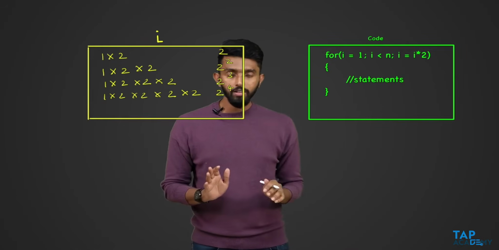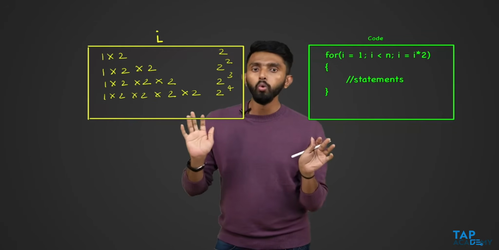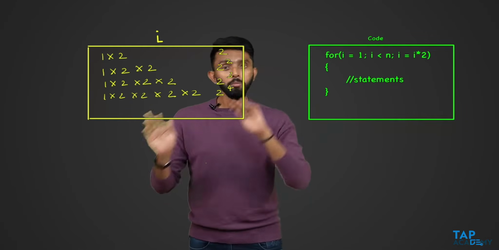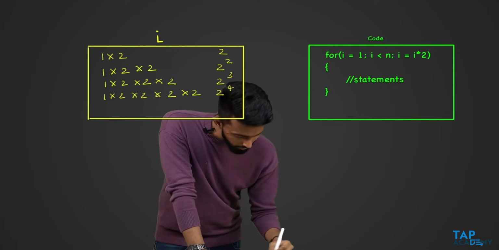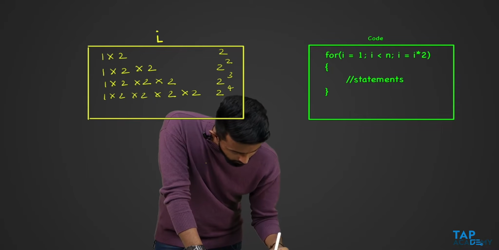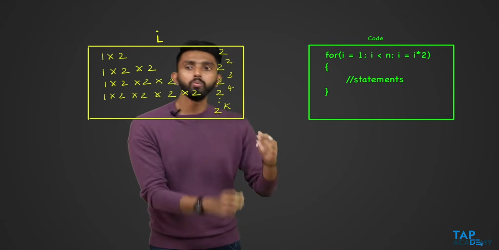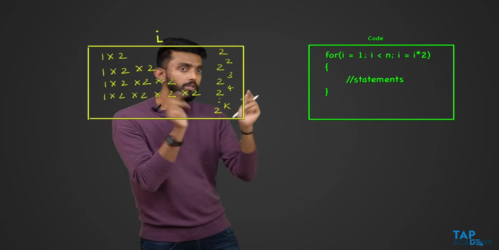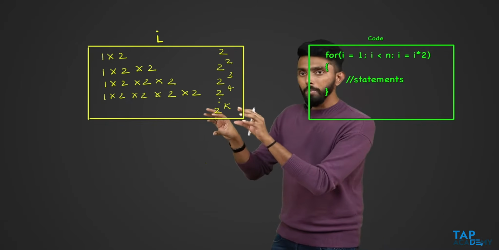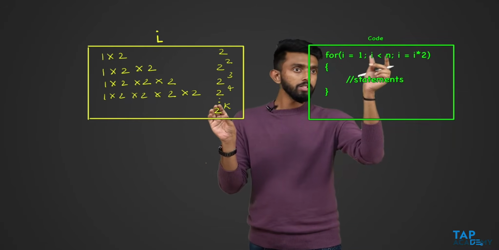Like this, let us assume I value keeps incrementing till you come out of the loop. And the last value of I that made you come out of the loop, would you agree that I can write it as 2 to the power k, because we don't know how many times, so I'm putting some constant called k. Any confusion till here? Now the moment I value becomes 2 to the power k, it means that this condition became false.